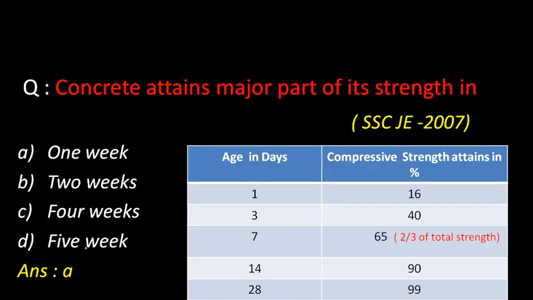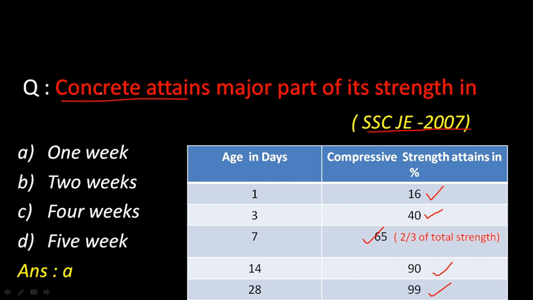And the next question is a very important question, a tricky question. The concrete attains a major part of the strength in. This question was asked in SSC JE 2007. So we know the table: for one day we get 16%, for the third day we get 40%, in 7 days we get 65%, in 14 days 90%, and in 28 days 99%.